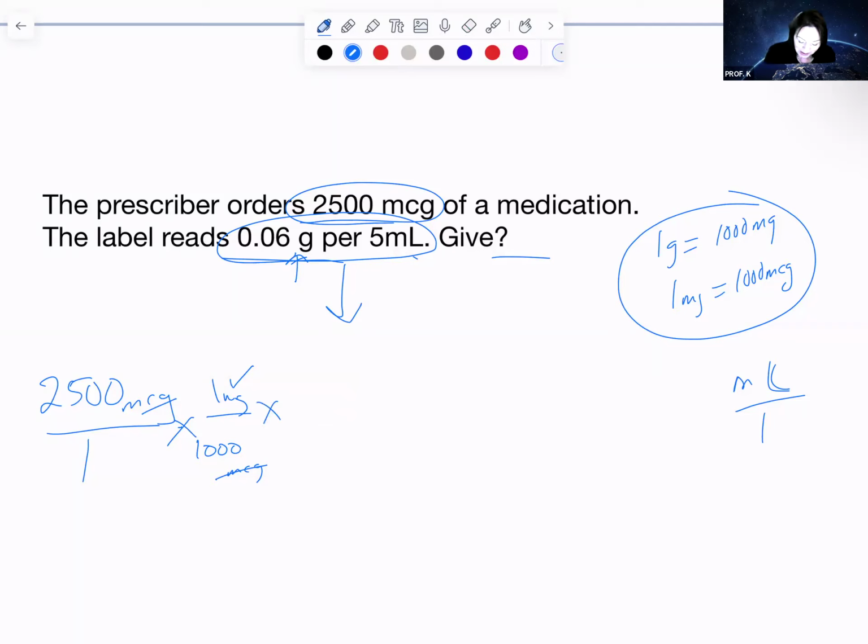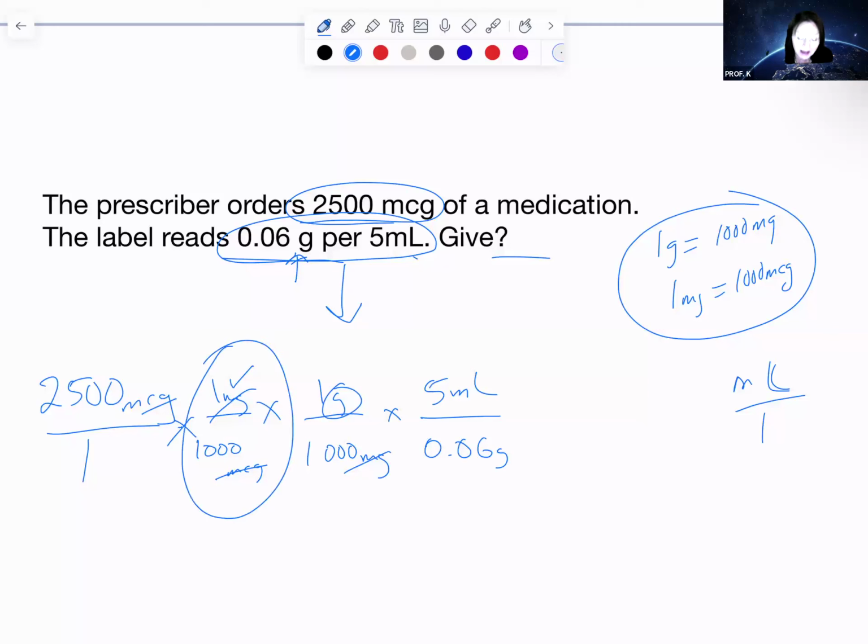And then 1 gram is 1,000 milligrams. Oh, God. So now how do I get rid of the grams? I use what's in my problem. So that's 0.06 grams per 5 mL. Do you guys see the error I made? And the people who got 208 milliliters, you did what I just did in the beginning. I missed a complete step.